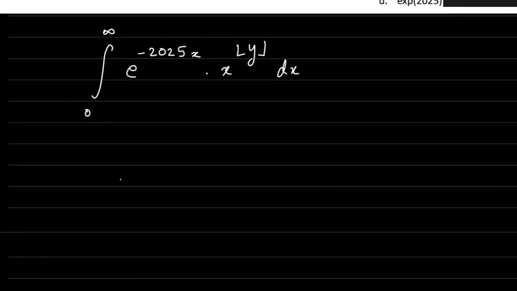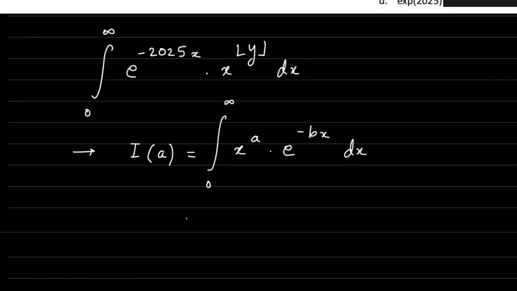Okay. Now, first of all, we'll solve this as a function of a, where I of a is the integral of x to the power a, e to the power minus bx dx, integration from 0 to infinity. Again, we'll use integration by parts here. e to the power minus bx over minus b, minus, put the limits.